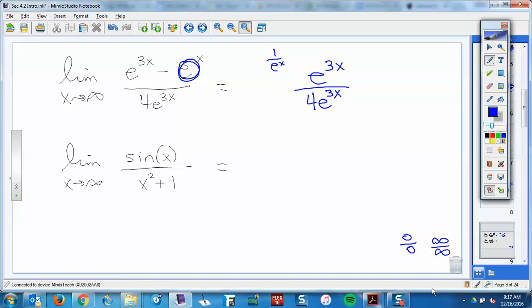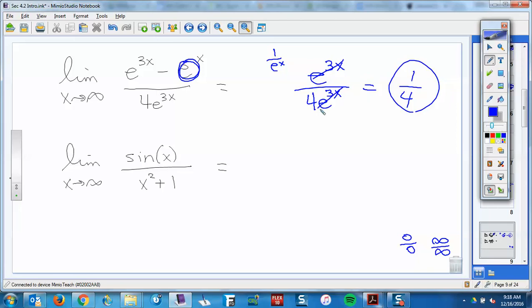No. It has to do with how fast they're going to infinity. Isn't the bottom here always going to be 4 times bigger than the top? There's no way that's going towards 1. It's actually going towards 1/4. Right? It has to do with how fast the top and the bottom are changing. Oh, wait.